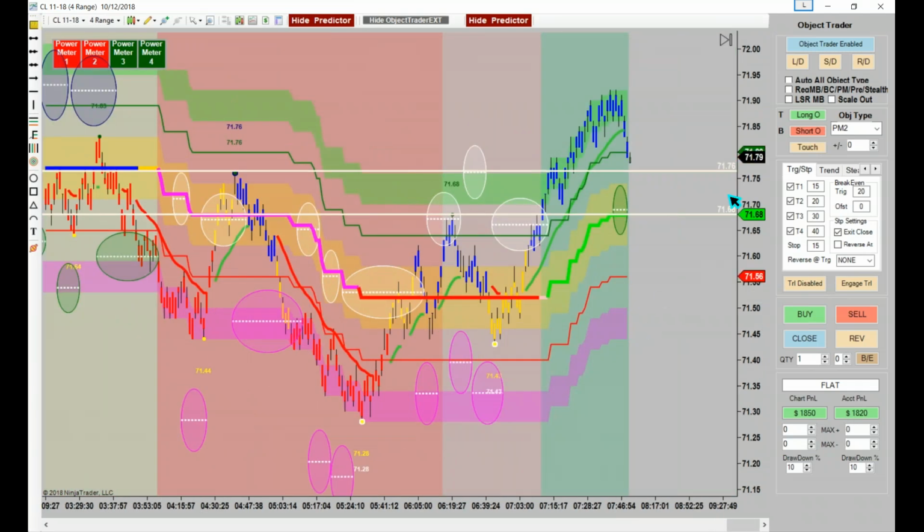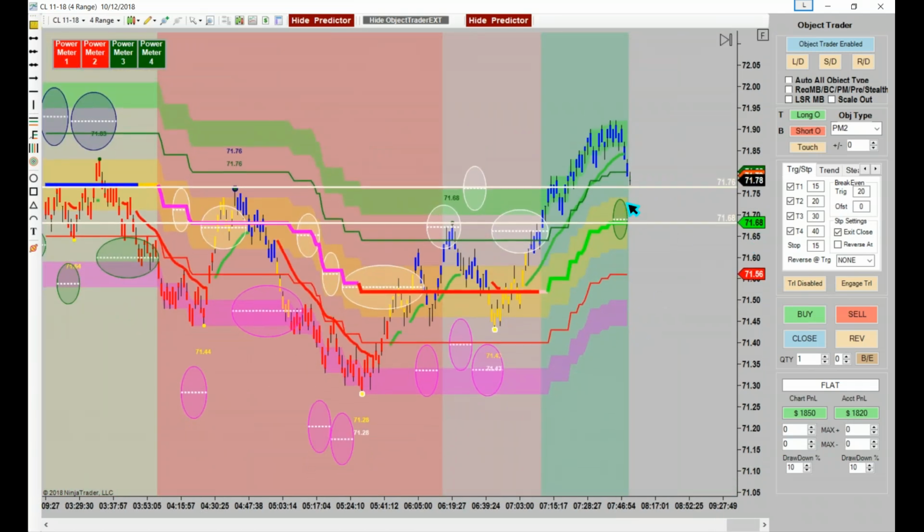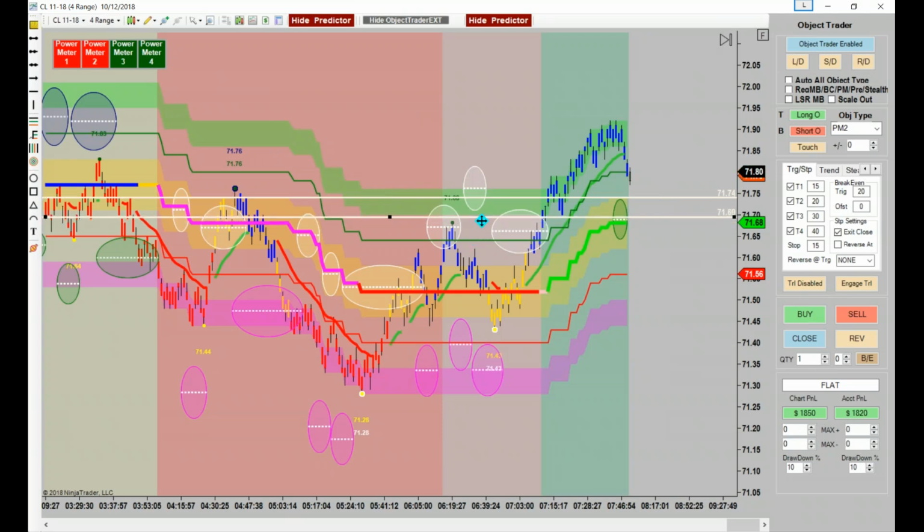Okay. Let's see, our predictor's saying right here, so we'll move this. And I'm saying right here is my lightning 3. So I'm going to draw a box and see if I can get it.